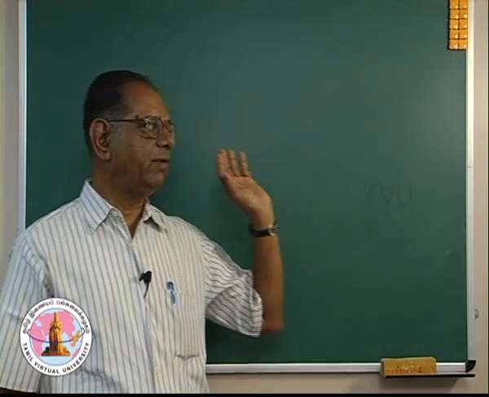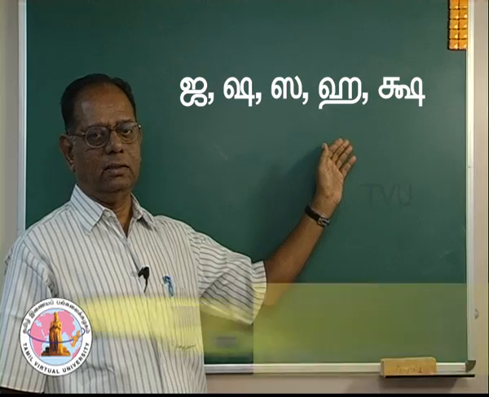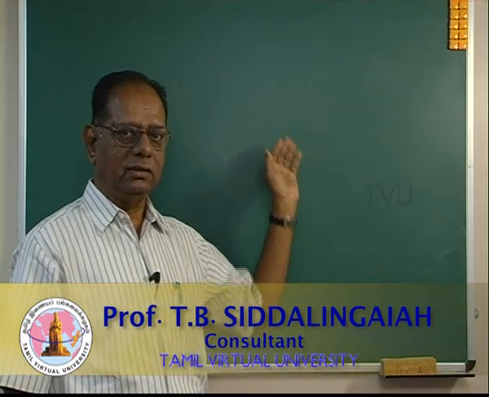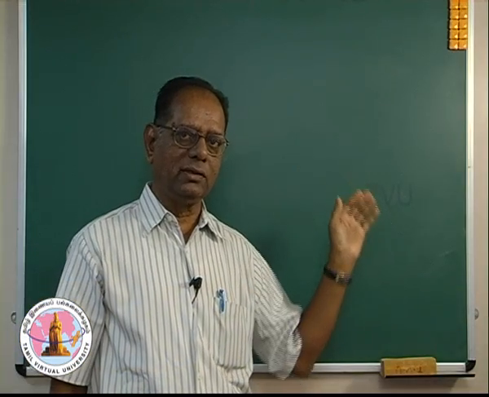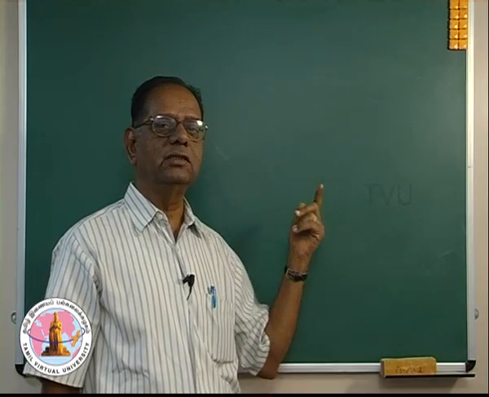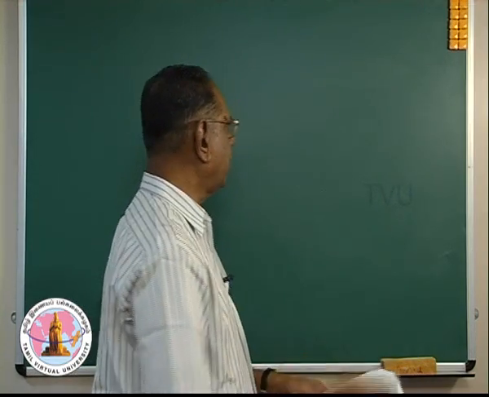Of the letters Ja, Sha, Sa, Sha, we have taken up Ja and discussed how it takes up the vowels and the shape it changes into. Now we take up the next letter.